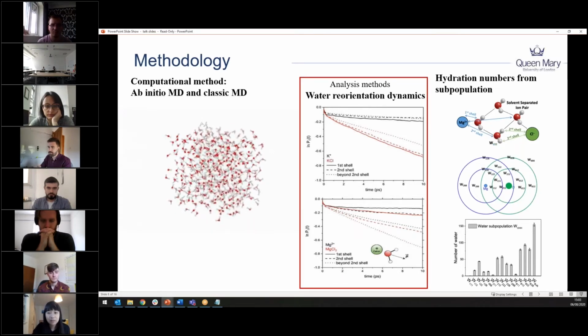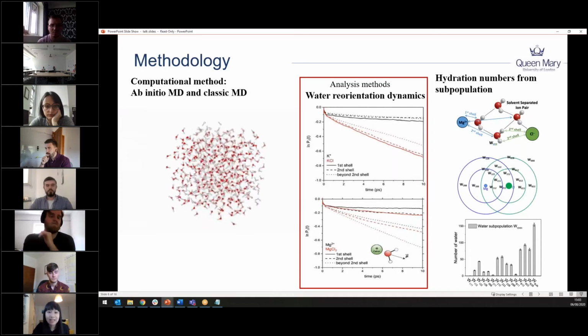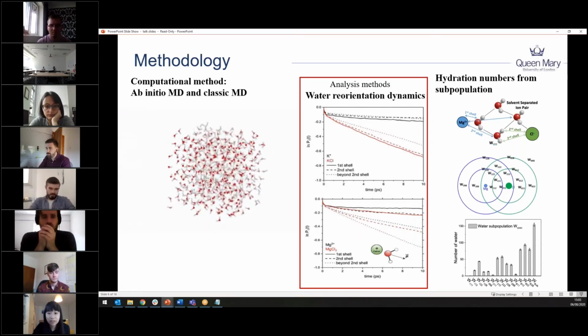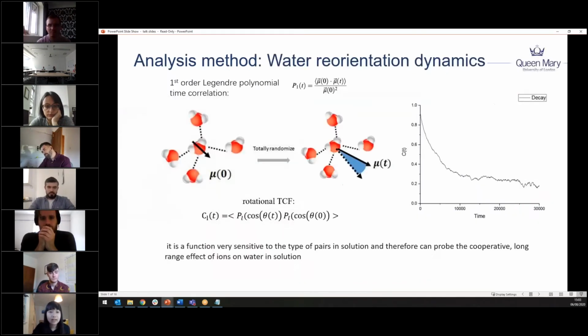Now I will go into some more details about the analysis method, water reorientation dynamics. Next slide. We have quantified the rotational relaxation of the water dipole. The vectors at 0 and t are unit vectors defining the orientation of the dipole moment of a water molecule at time 0 and time t.